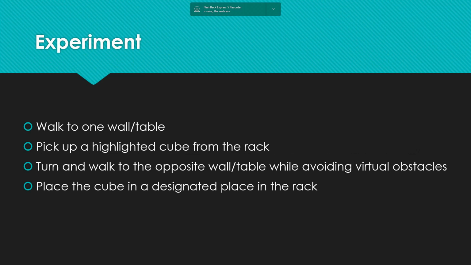of cubes, and they are placed on either a wall or a table. The person has to pick up the highlighted cube from the rack, being the wall or table, turn around, and walk to the opposite rack, wall, or table while avoiding the virtual obstacles. They have to place the cube in the designated place in the rack.